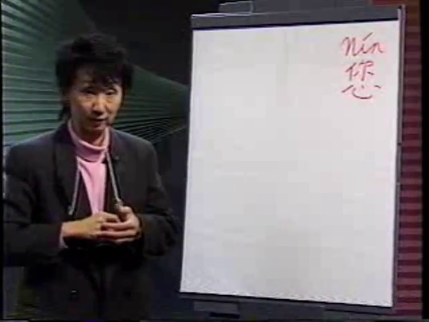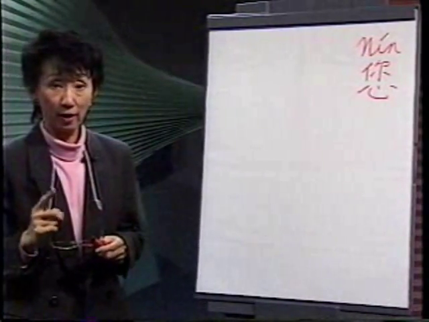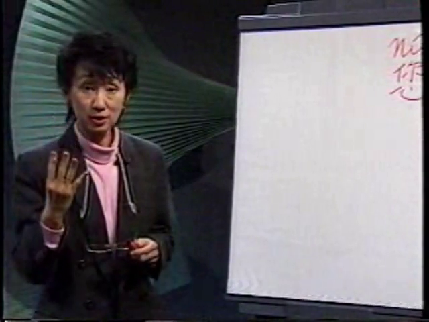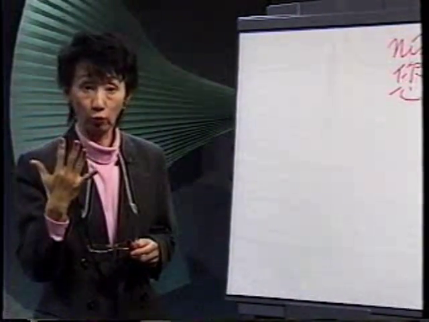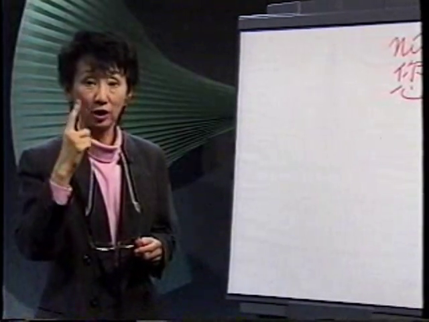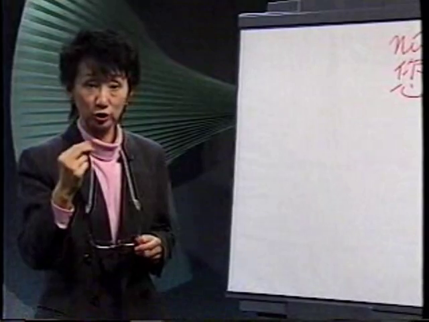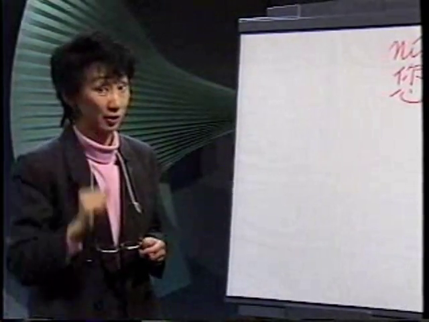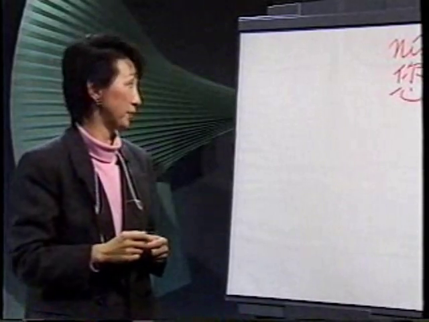Do you remember how to count from 1 to 12? Let's do it again. 1, 2, 3, 4, 5, 6, 7, 8, 9, 10. So that's the Chinese gestures for 1 to 10.